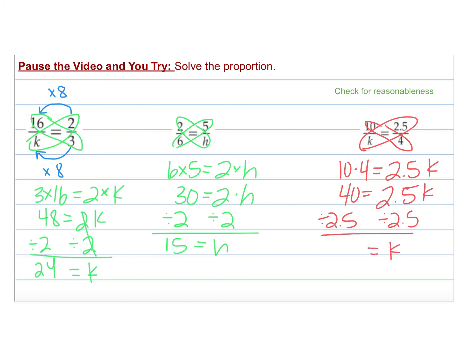So 40 divided by 2 and 5/10, which is 16. And that makes sense, because if I were to take 2.5 times 4, that would be 10. And 4 times 4 would be 16. So yes, that does make sense.